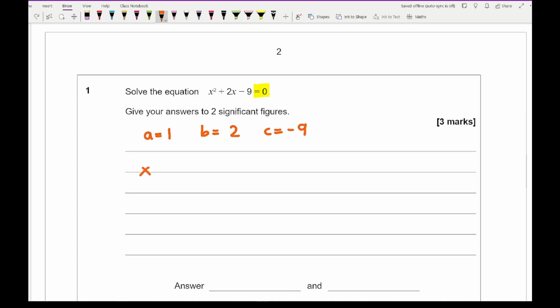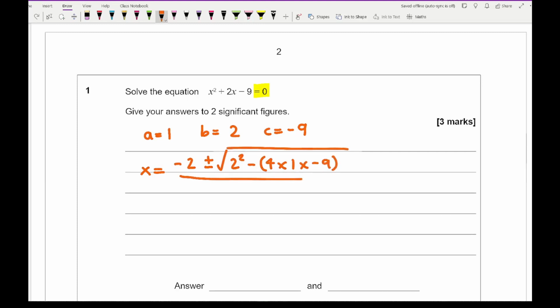So in substituting numbers, x equals minus 2 plus or minus the square root of 2 squared minus 4 times a times c. I always like to put brackets around the 4ac, and that's all divided by 2 times 1.